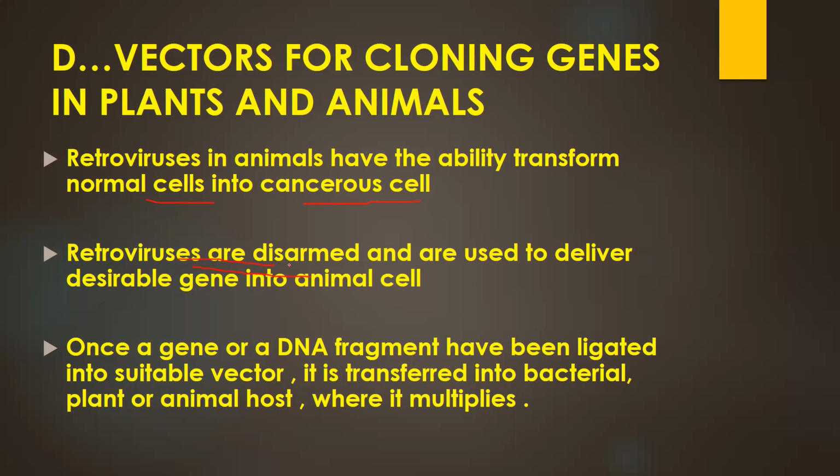The genes producing the cancer are removed, and in place of that, our gene of interest is put, and this retrovirus is used to deliver the desirable gene into the animal cell. Once a gene or a DNA fragment has been ligated into a suitable vector, it is transferred into a bacterial, plant, or animal host, where it multiplies.